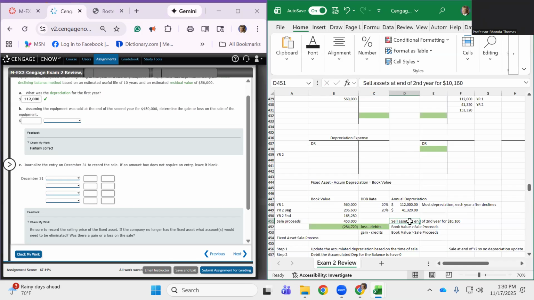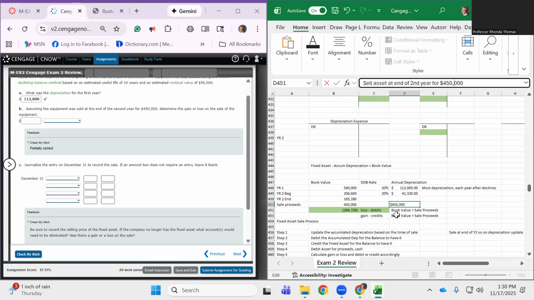So this is why we keep track of the book value, because if we turn around and sell it, we need to know if we sell it for a loss or a gain.